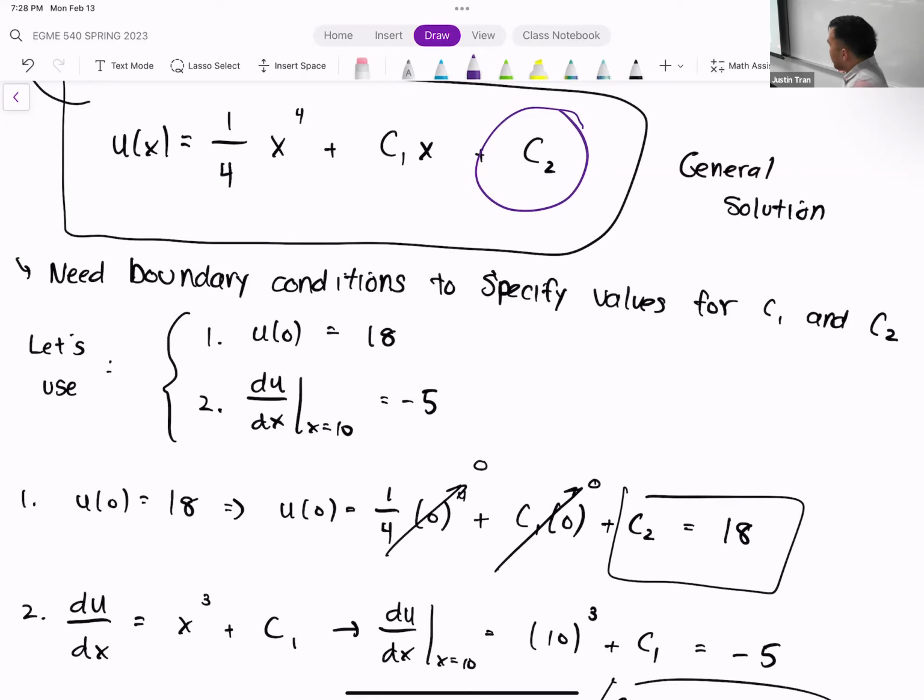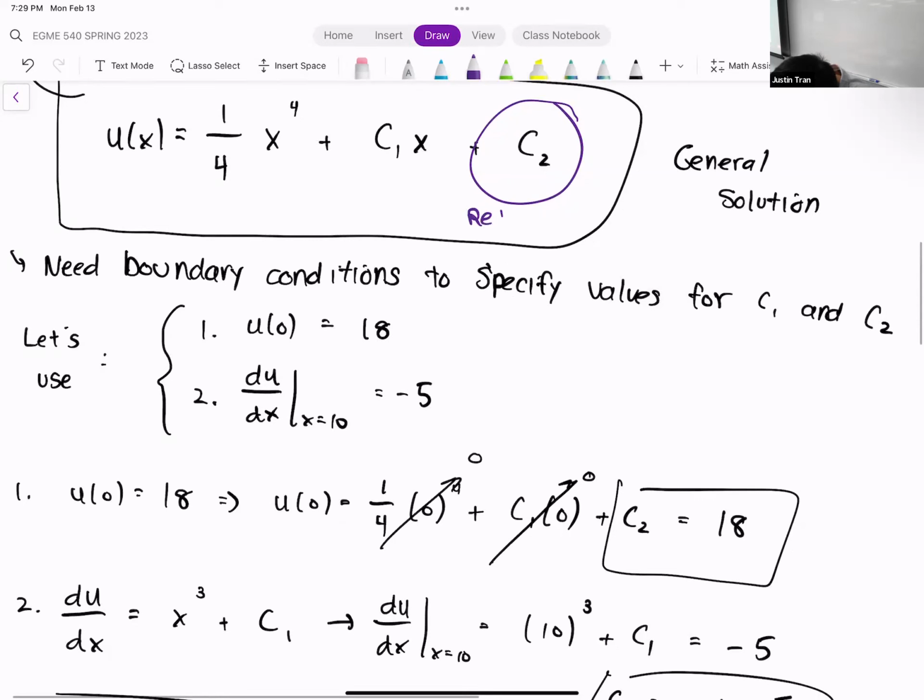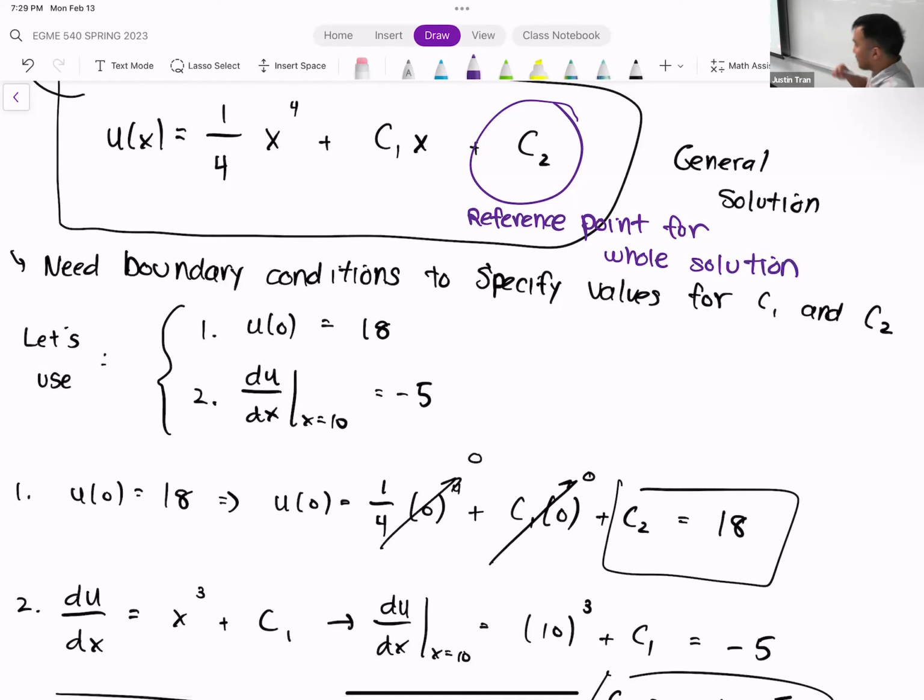Another way that people think of C2 is that it's almost like a reference point for the entire solution. And so by applying a constraint type boundary condition, you're basically applying a reference point for the whole solution. Without that constraint type boundary condition, there would be no reference for the entire solution.